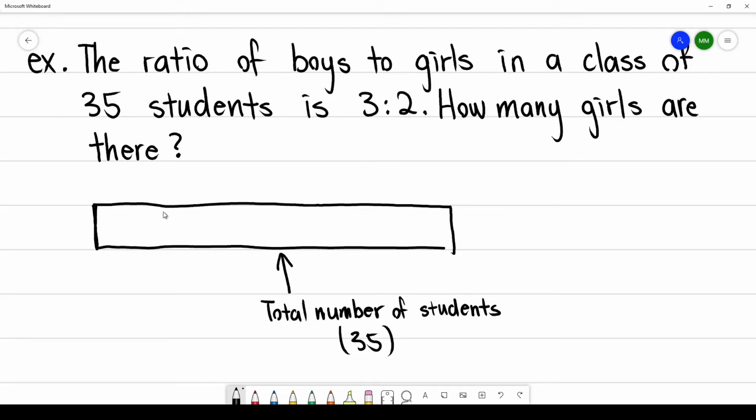So that means for every 3 boxes, we'll color this blue. So for every 3 boxes, that is for boys. The blue box is for boys. There will be 2 red boxes. Does that make sense?